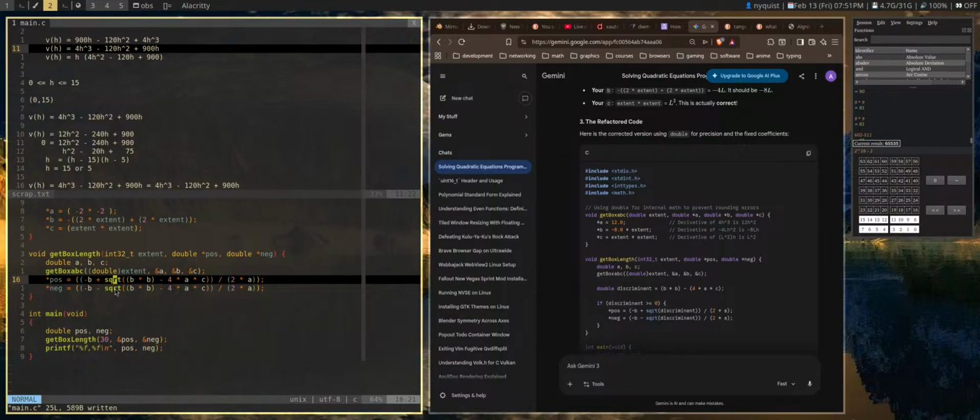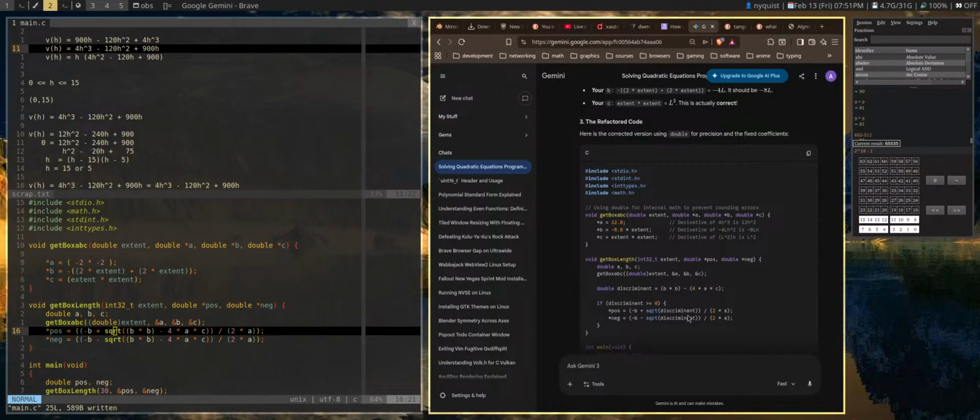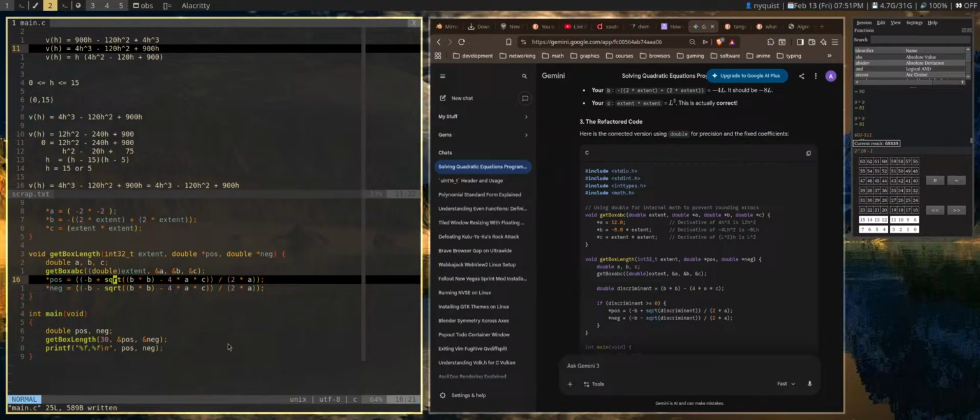What is happening? I guess it would be nice to isolate the discriminant because I know I'm using that in both things.